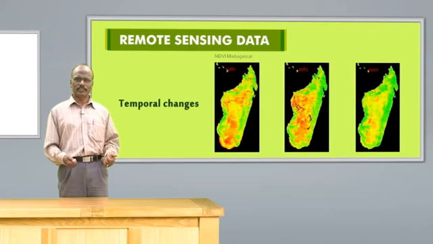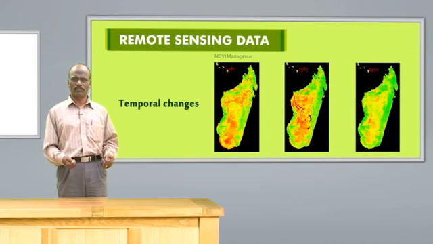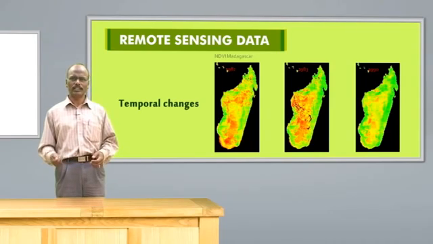In the first picture you see a lot of red and yellow patches. In the second picture you see a little amount of black as well as red and yellow patches, whereas in the third picture you see a lot of green patches. These values show that 1990 was a good year in the Madagascar region when compared to 1982 and 83. So this way of capturing data will help us to monitor the temporal changes that are occurring in a given area.